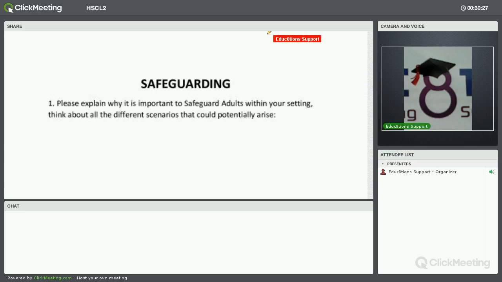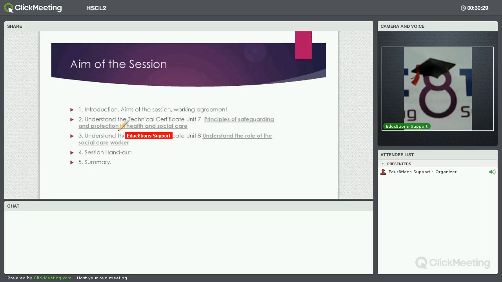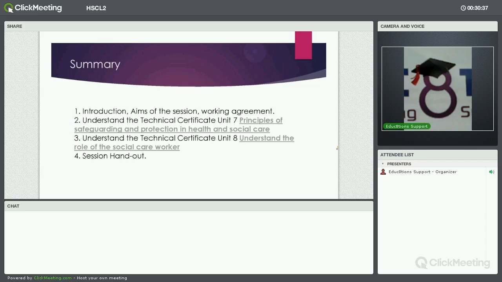So that's your session handout for this week. It's not bad. You've only got that one sheet for this week. So to summarise then, we had another look at the agreement. Hopefully you're understanding now around Unit 7, Principles of Safeguarding and Protection in Health and Social Care.